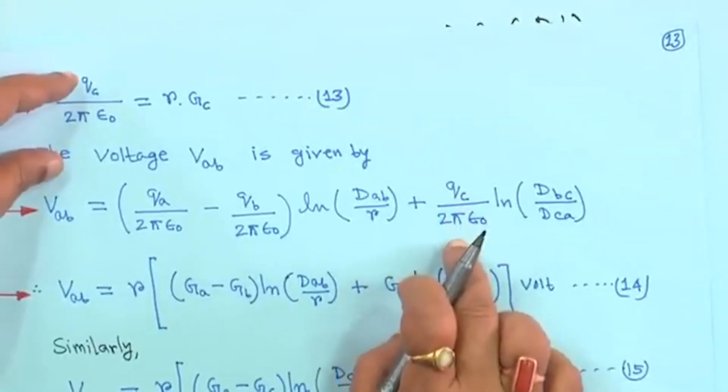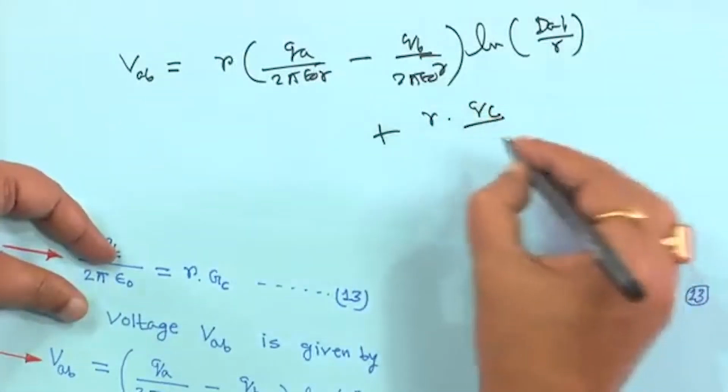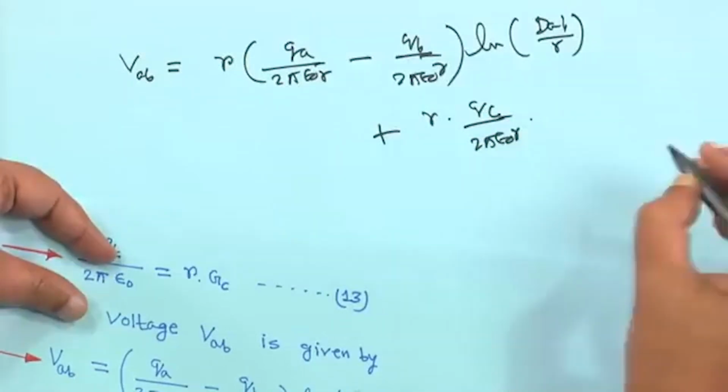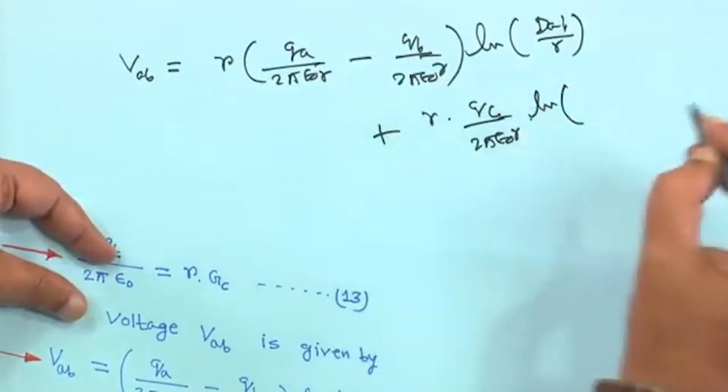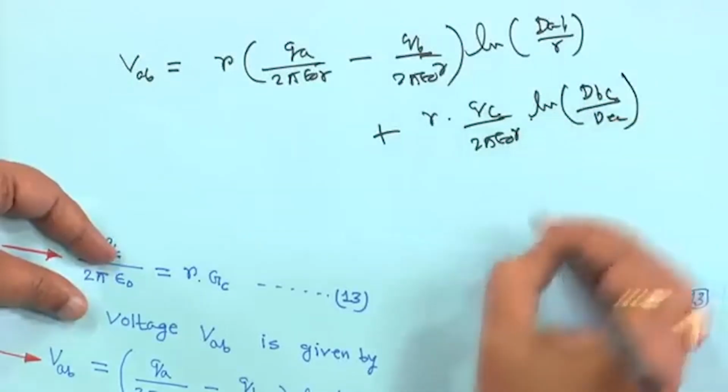Numerator and denominator you multiply by R, it will be R into QC upon 2 pi epsilon 0 R, right, ln DBC divided by DCA, right.